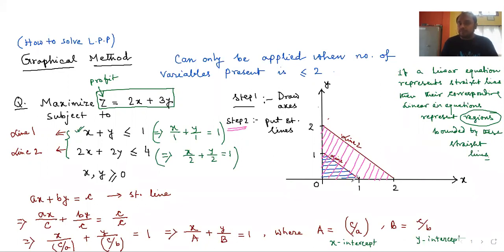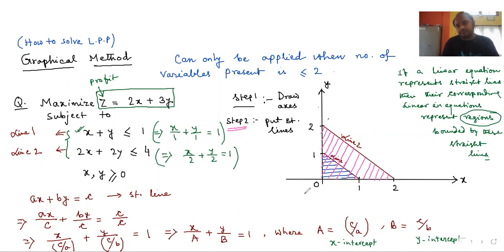They become infeasible if they are negative. So therefore such a region is called common feasible region. So we have to mark the corner points here. The corner points mean, in a triangle there are 3 corner points, in a square there are 4 corner points, in a rectangle there are 4 corner points, in a tetrahedron there are 8 corner points, like this.